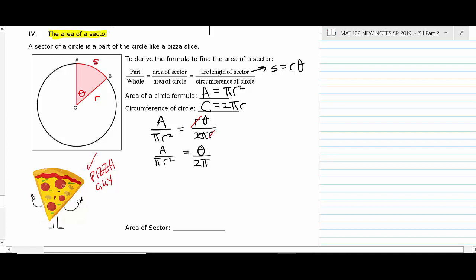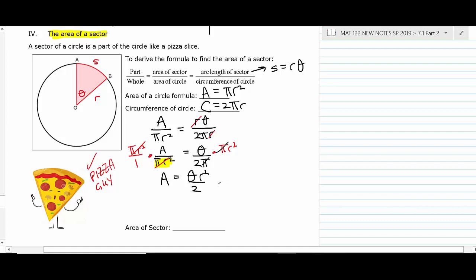Now I'm going to do this problem a little bit differently. I'm not going to cross multiply. I'm just going to get rid of this denominator. To do that, all I have to do in this equation is multiply both sides by pi r squared. So we have A equals, and notice the pi's cross out. We're left with theta r squared over 2. So if you take theta in radians times the square of the radius over 2, you're going to get that.